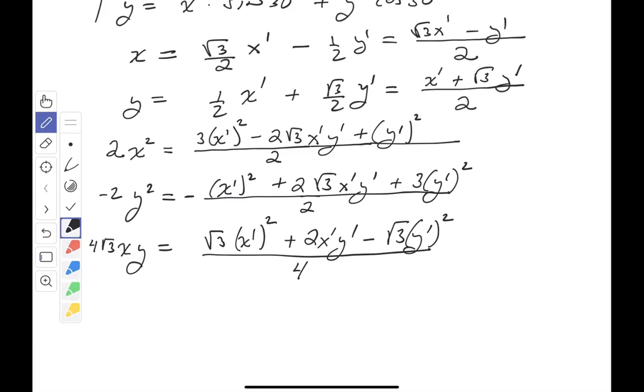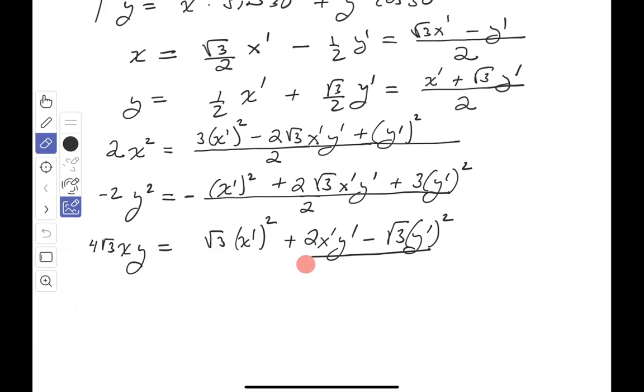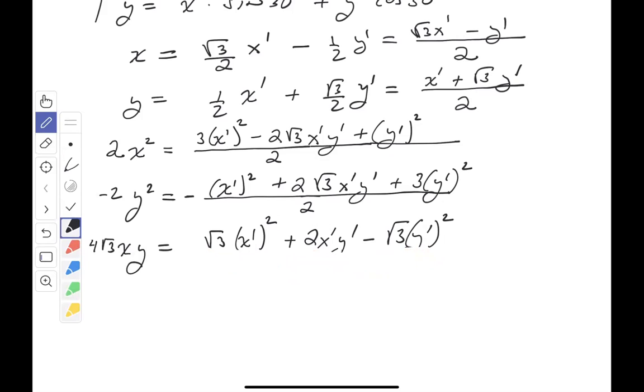So what's nice about this? Well, the bottom would disappear. I'm multiplying by 4 root 3. The 4 disappeared, right? And I'm multiplying by root 3 now. What do you get? Well, I'm going to use my eraser over here. I'll be very careful.